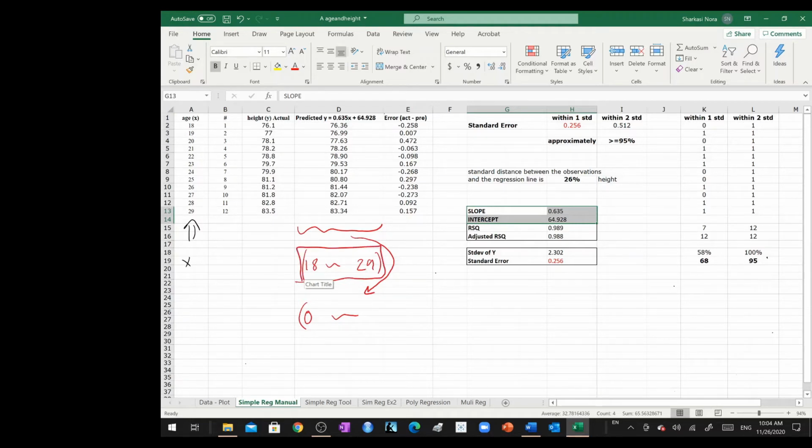Why? Because the data range that we used to construct this model is limited and is not representative of the population. The sample used over here ranges between 18 and 29. So it best predicts the height of babies in this range, or very close around this range, but not far away, like 0.